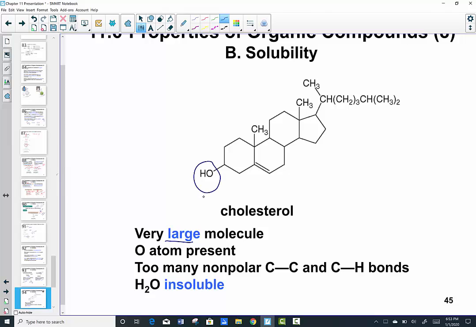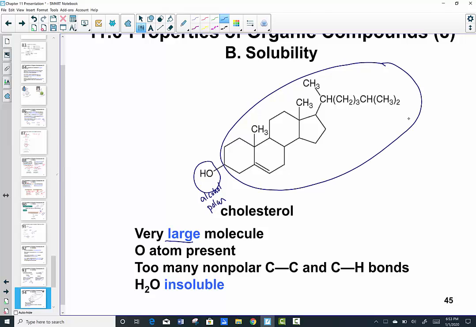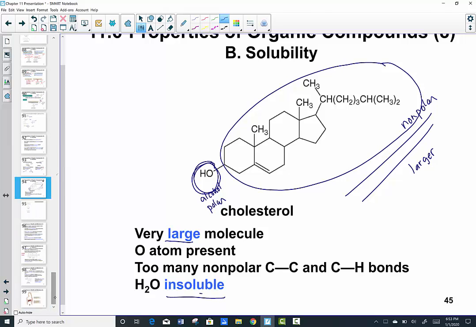I have an alcohol group down here, and I know that that's polar, but I want us to also know that this entire region is made up of carbon-hydrogen bonds, which are all nonpolar, and certainly this is a much larger region, so it will dominate for physical properties. So overall, even though there's this tiny little polar region, the nonpolar region dominates, making it an insoluble solution. Cholesterol does not dissolve in water.